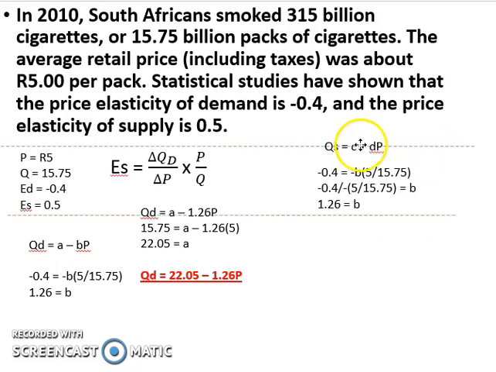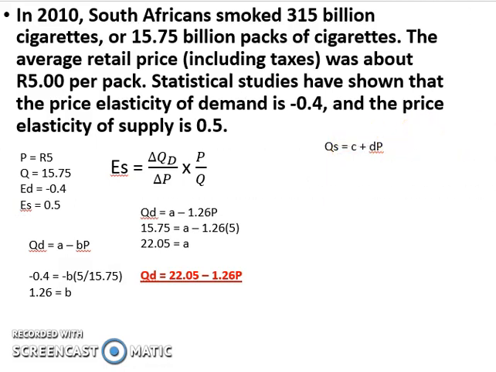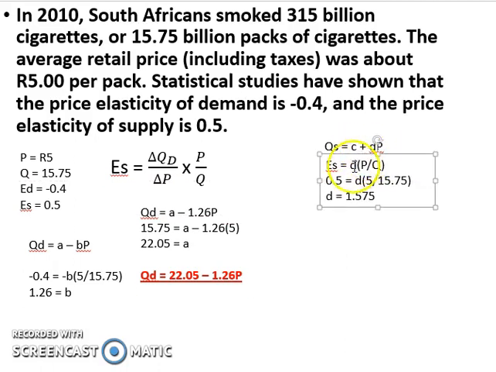I've already done that. So it's 0.5, which is elasticity of supply, equals, I'm so sorry, this is the wrong one. Here we go. This is the correct one. Elasticity of supply is D, I've just written it down, multiplied by price divided by quantity.